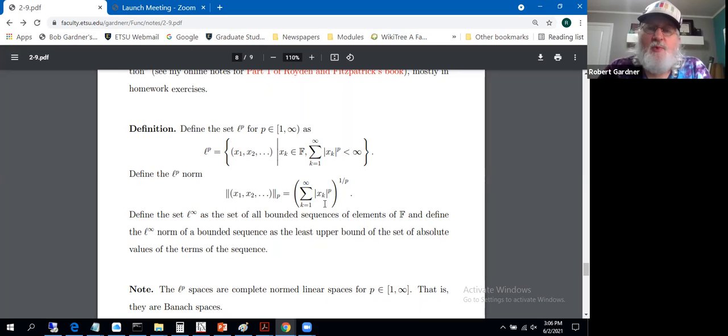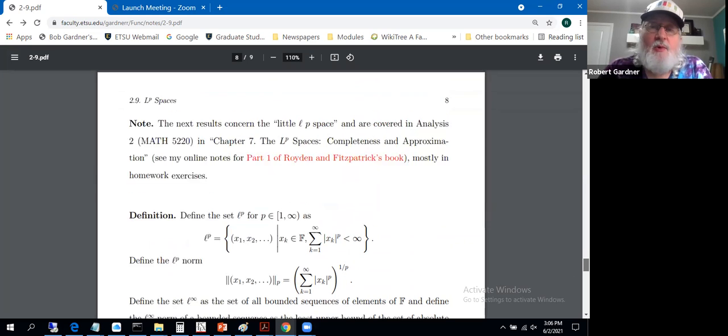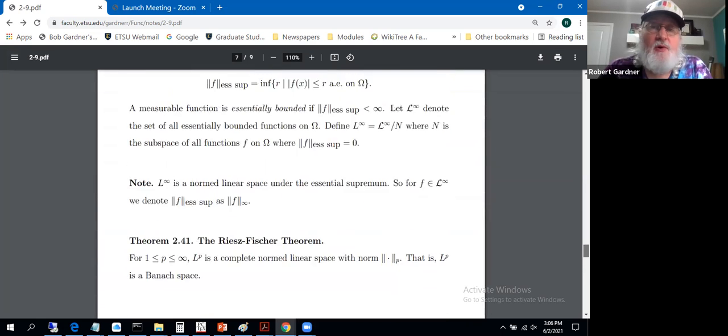So when p equals 2, this reminds me very much of regular old vector spaces from sophomore linear algebra, except for the infinity thing. Well, it turns out when p is greater than or equal to 1, we also get a thing that determines a norm. If instead of sums, we took integrals, let's run back and look one more time at the LP norm definition.